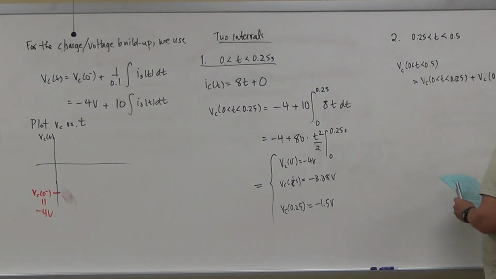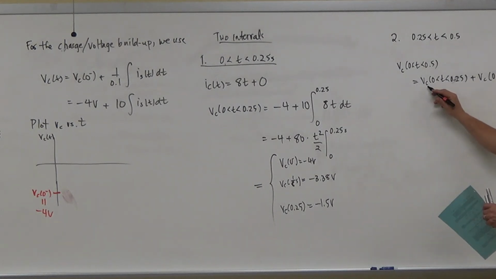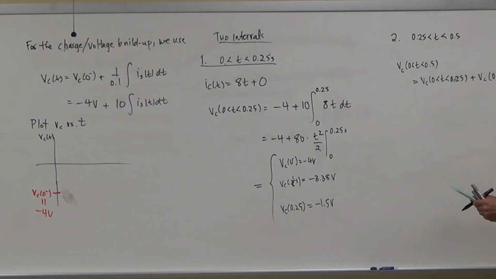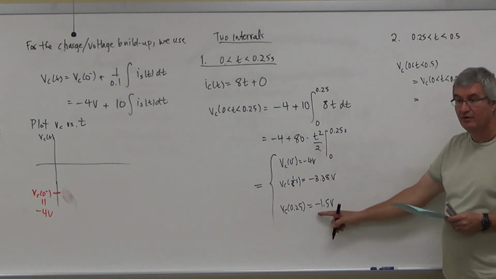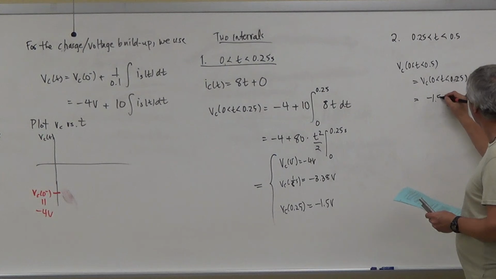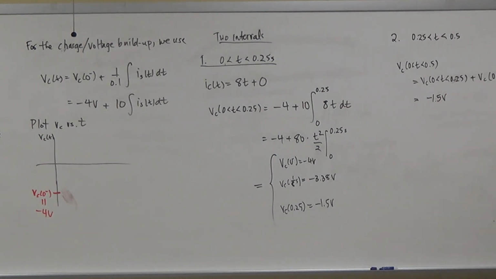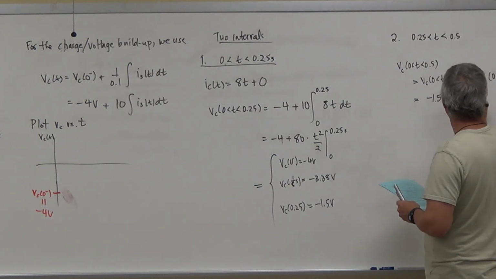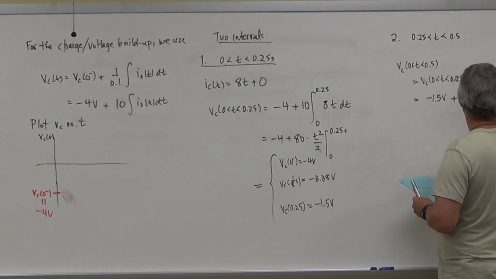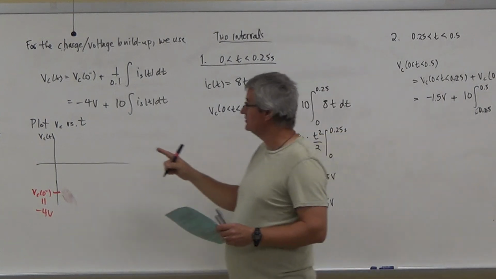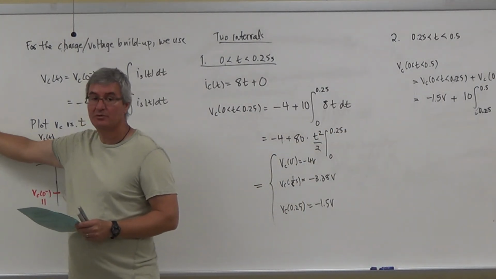So what do I have all the way up to this point? You can see that I got -1.5 volts. And the remainder of this is where I'm going to integrate this constant term, which you can see is 2 amps.